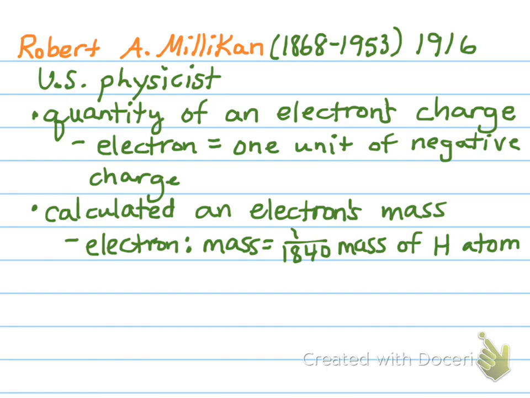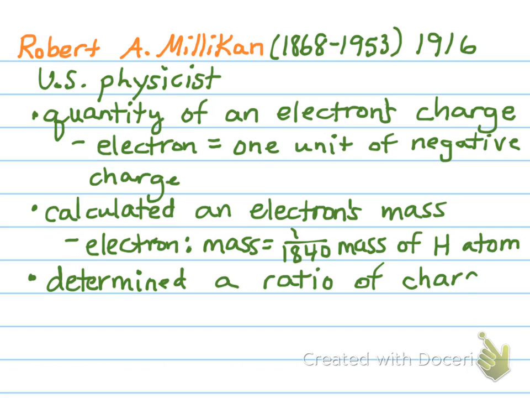So what he's saying here is if he has a hydrogen atom in one hand, it would take 1,840 electrons to equal the mass of just one hydrogen atom. And hydrogen is the smallest atom on the periodic table. So electrons are really, really tiny. To figure this out, he actually determined a ratio of charge to mass of the electron.